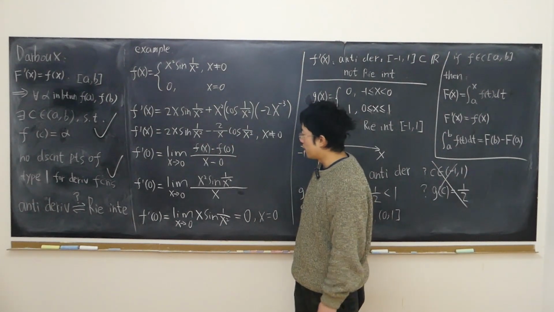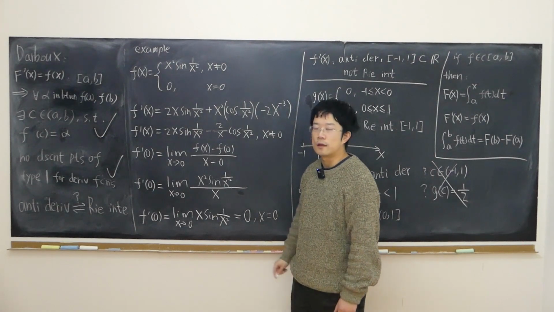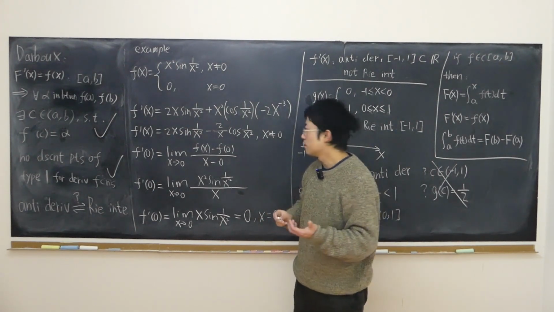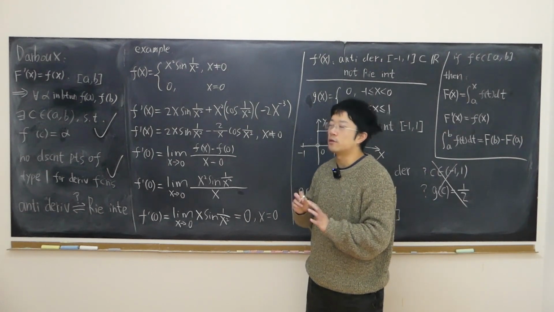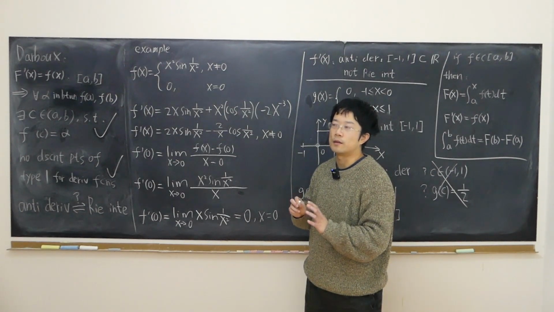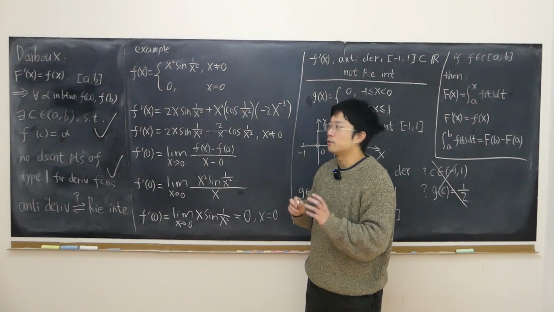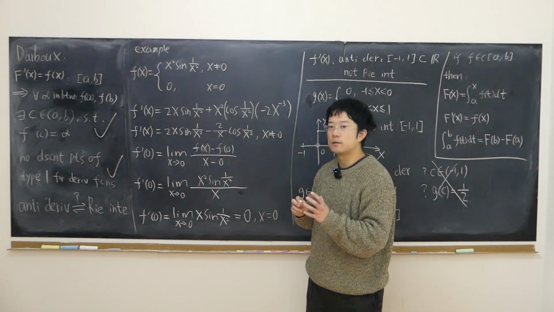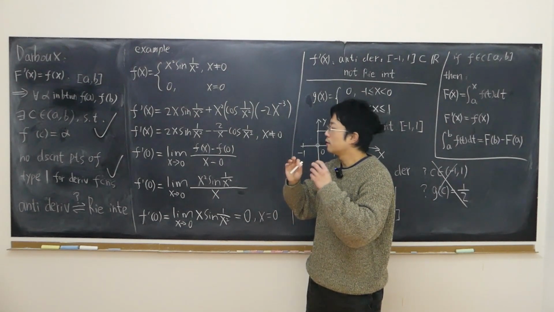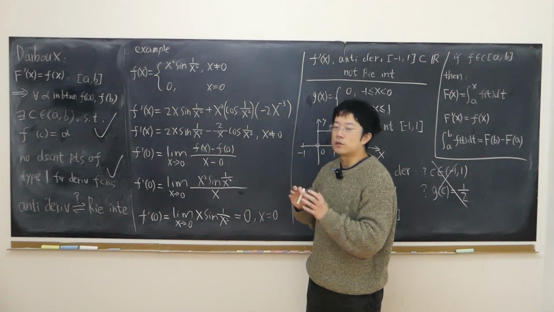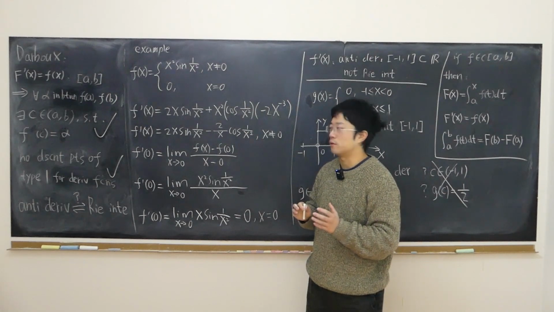Nearby 0, it is unbounded. So now the question we naturally raise after that is, is there a function that has antiderivative, but at the same time is still bounded everywhere over some closed interval, but not Riemann integrable? Is there such a function?